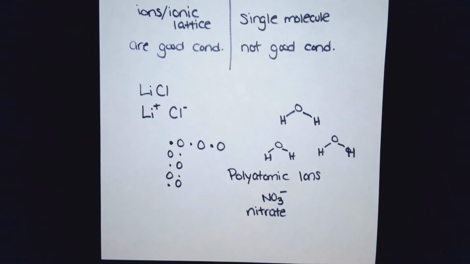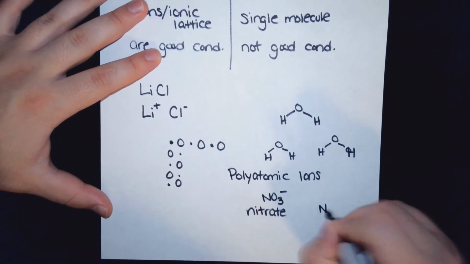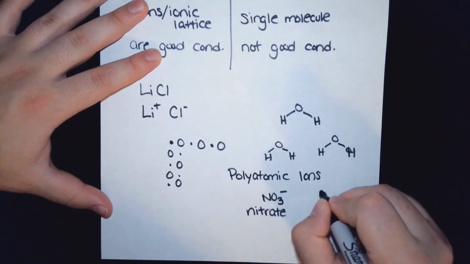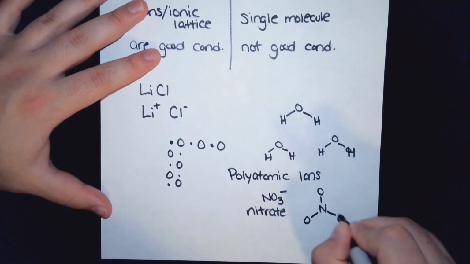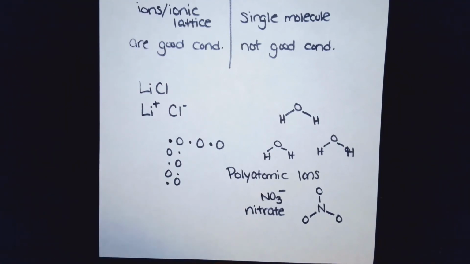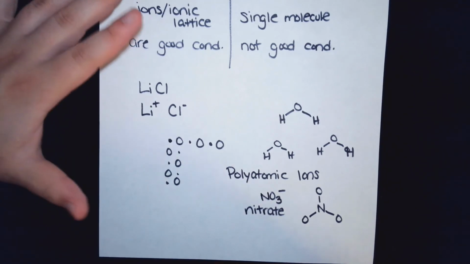So what is a polyatomic ion? Well, if we were to show just the general structural formula of it, this is a nitrogen covalently bonded to 3 oxygens. So within the polyatomic ion itself, you have covalent bonds between these nonmetals. In polyatomics, they're always going to be made up of nonmetals.